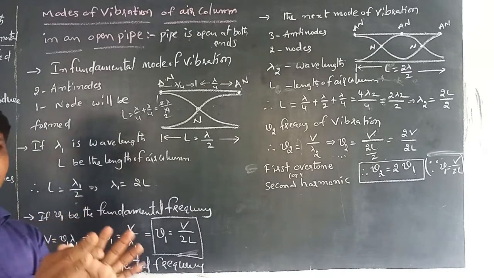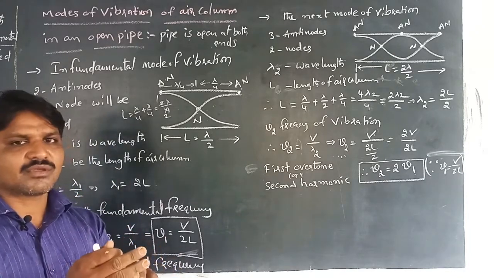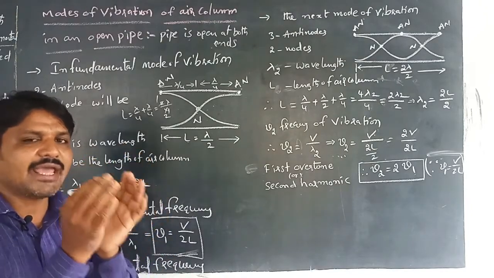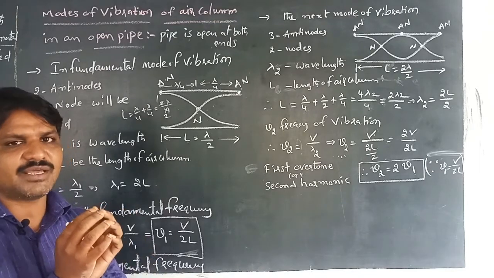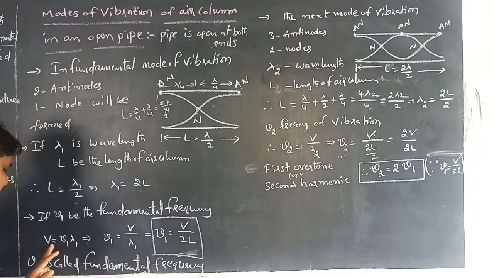There is no other medium like a string, only the air column formed in a tube. So V is equal to nu1 lambda 1, and nu1 is equal to V by lambda 1.